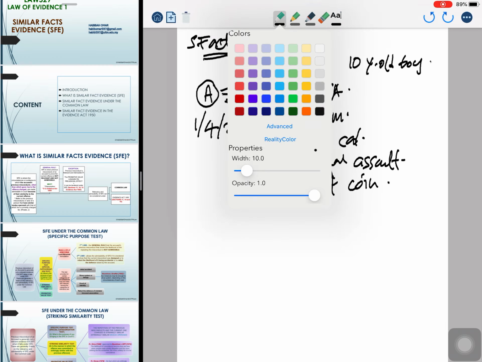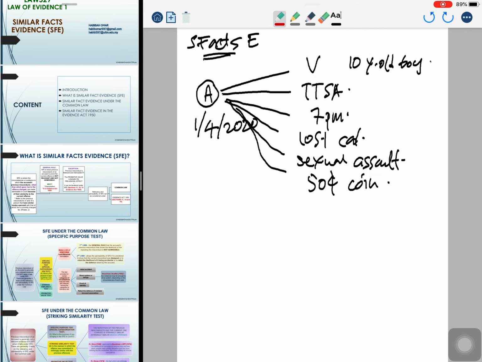And what we are going to do now is to try to bring in evidence of the accused person committing this crime on, say for example, the 1st of January 2010. The accused person on the 1st of January 2010 perhaps has committed a similar offense, right?